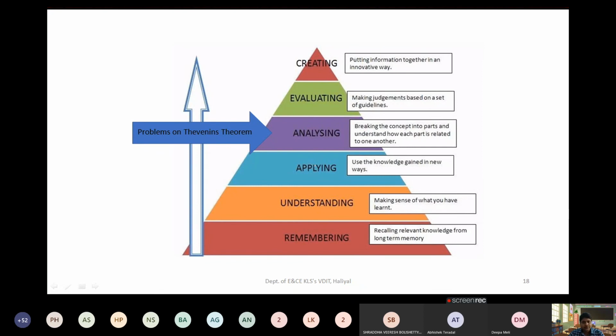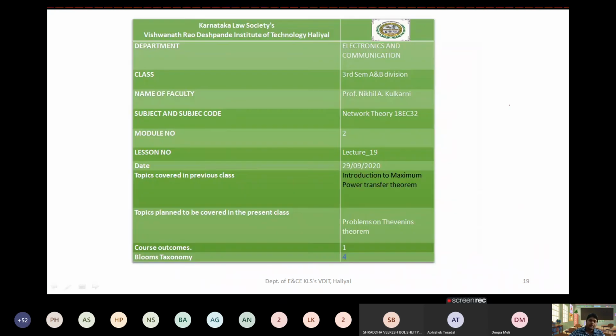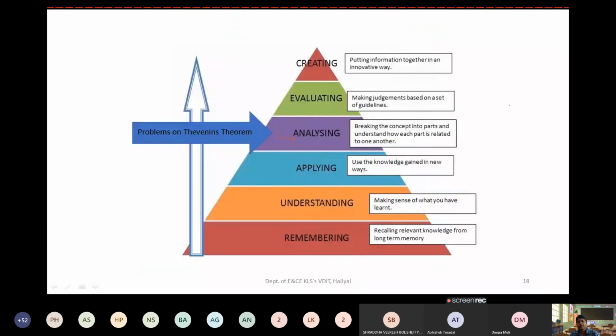If you have understood the theorem, then you are applying and analyzing the circuit, so that means you are into level 4. All these are called levels, level 1, 2, 3, 4, 5, 6. Fine. So this is all about part 1. In the next lecture, we will discuss the part 2 problems, where I will be taking AC circuits with the AC source.